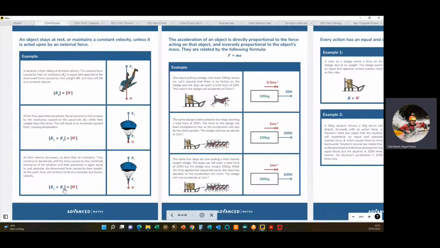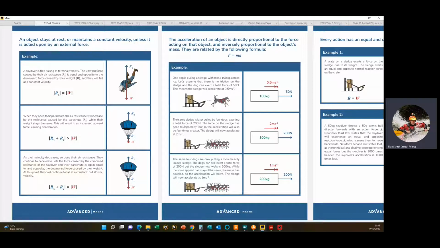So R1 and R2, the resistance of his body and the resistance of his parachute, are equal to the weight pulling him down. So the size of the red arrow and the sum of the sizes of the blue arrows is the same. Okay, and he is now in balanced fall.